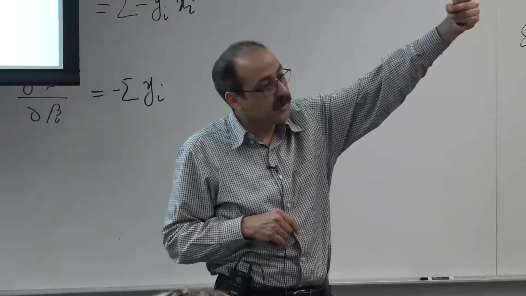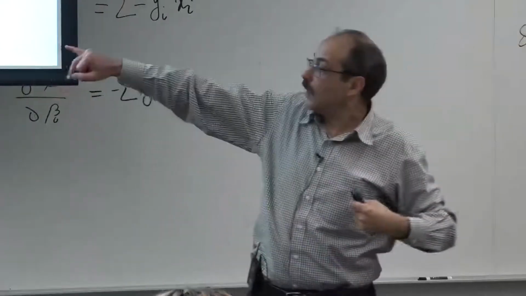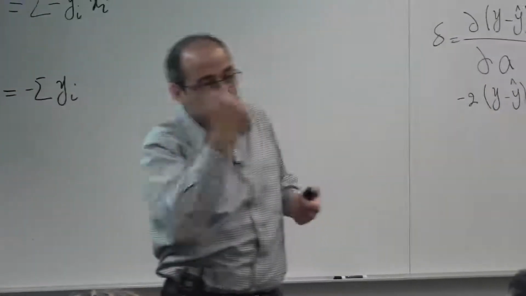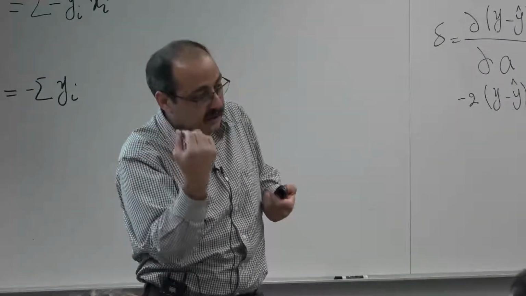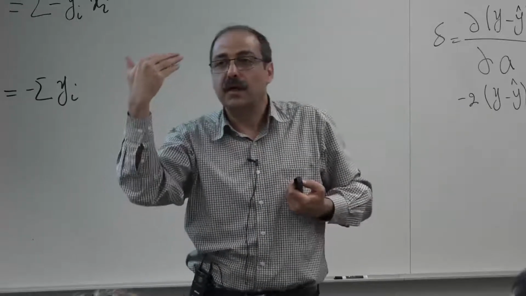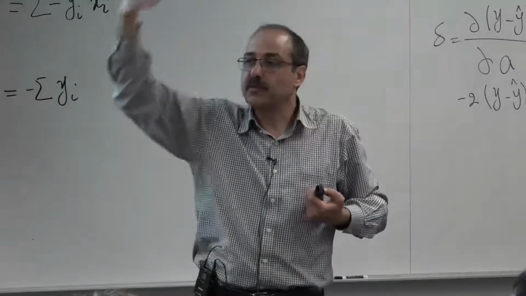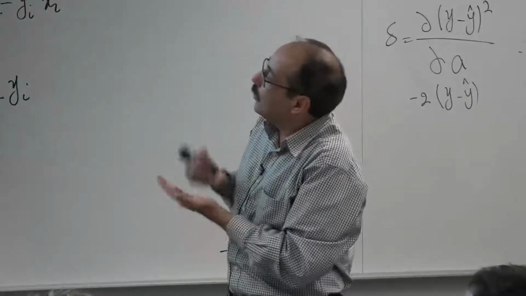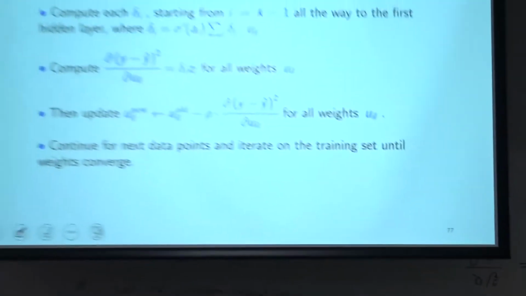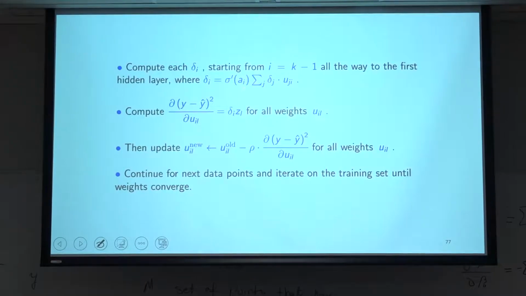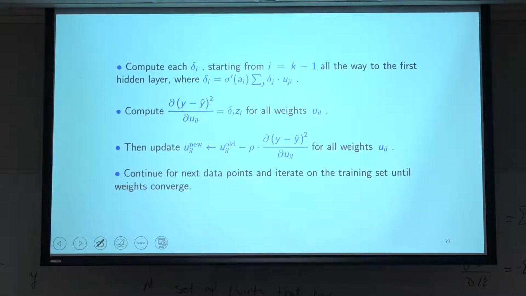For random weights, you have Y hat. Now you can compute this quantity for the last layer. Now you can backpropagate this delta to compute the delta of the previous one, using this recursive formula. You can go back, and then you have the delta of all layers.